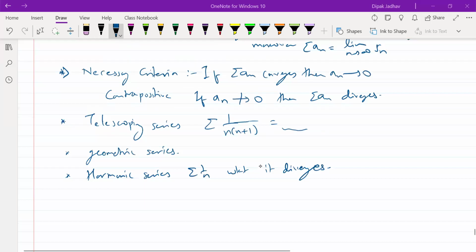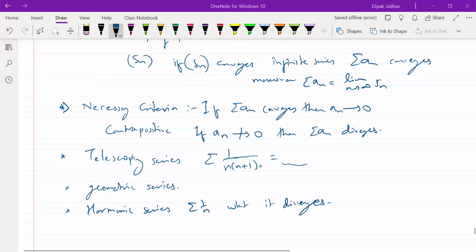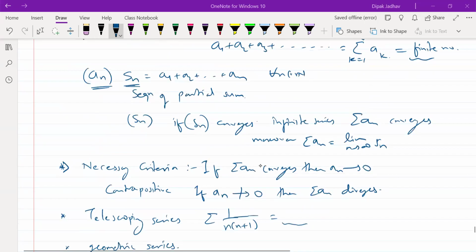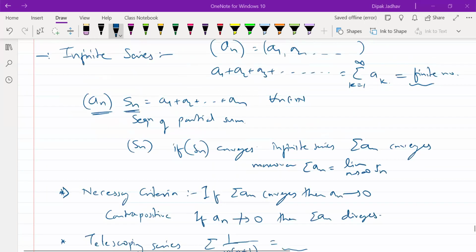Sir, why is it necessary for an to converge to zero rather than any finite number? Because Sn is defined like this: a1 plus a2 plus and so on, up to an. So what is Sn minus 1? It will be a1 plus a2 up to an minus 1.